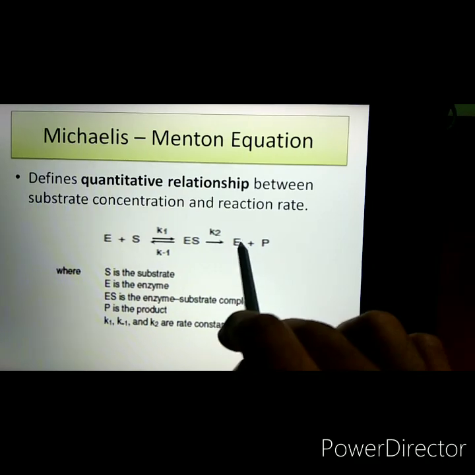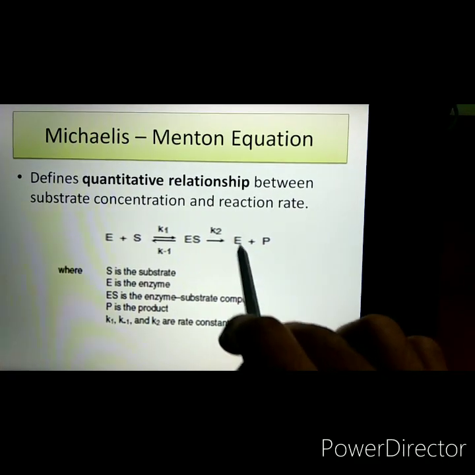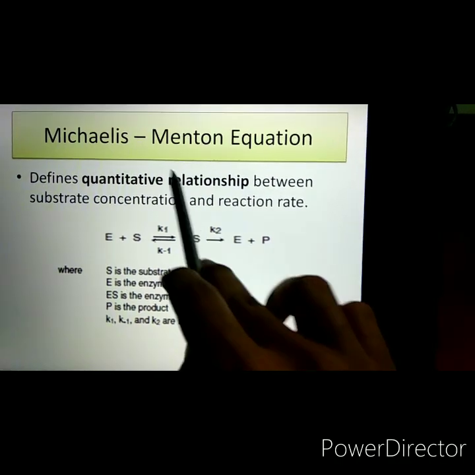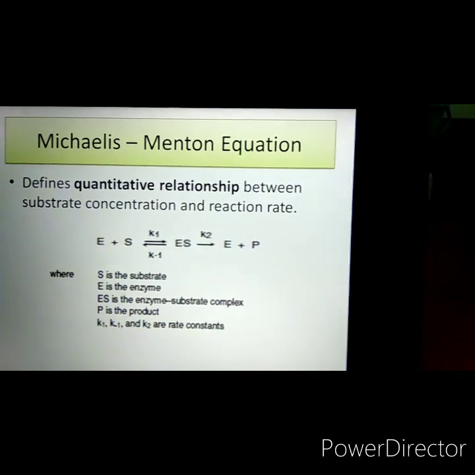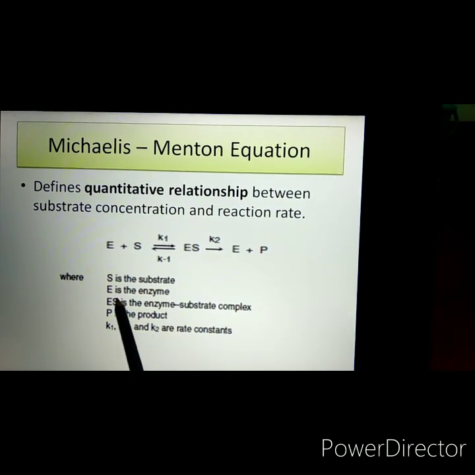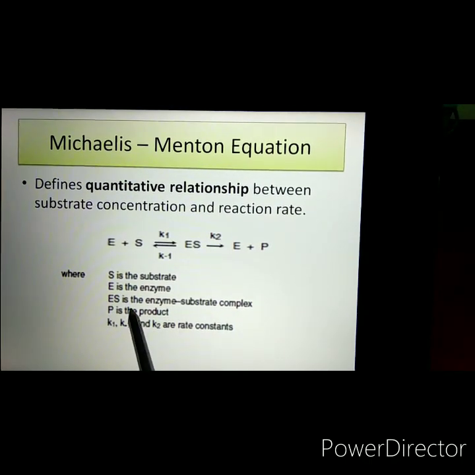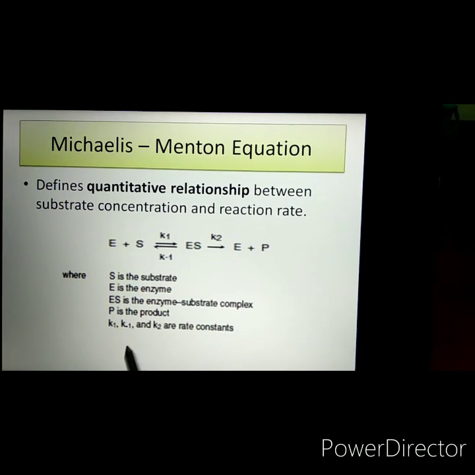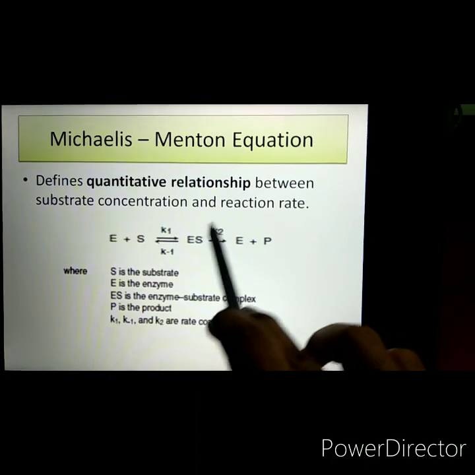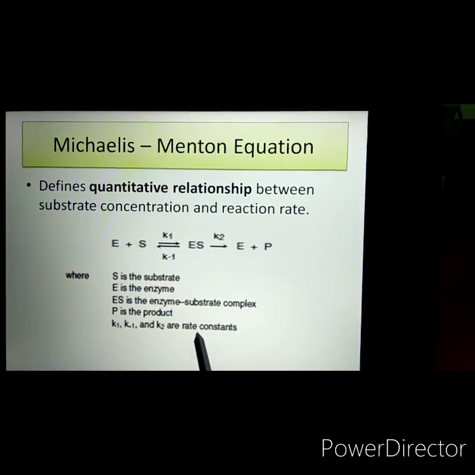As it is a slow, rate limiting step, it is very important to define the Michaelis-Menten equation. S is the substrate, E is the enzyme, ES is the enzyme substrate complex, and P is the product, while K1, K minus 1 and K2 are rate constants.